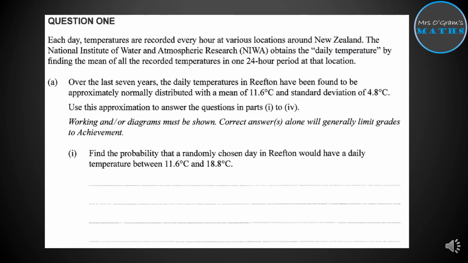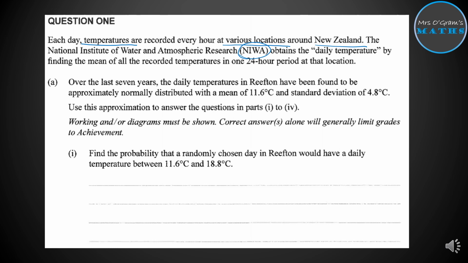We will start with question 1a, and we have some temperatures being recorded. These are daily temperatures and they're recorded at various locations around New Zealand by this organisation with the acronym NIWA.